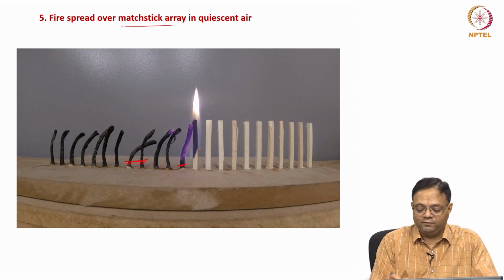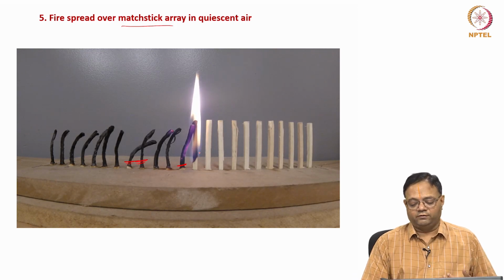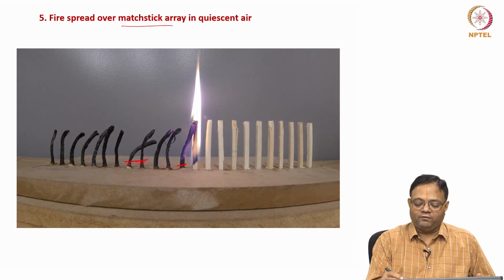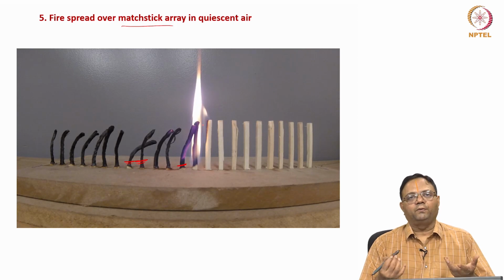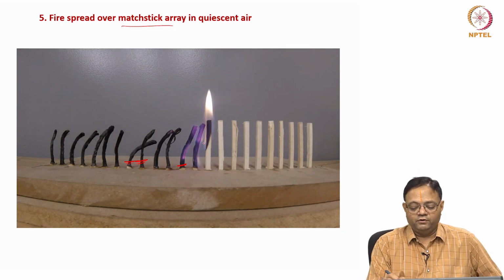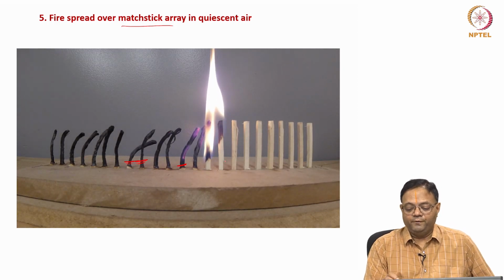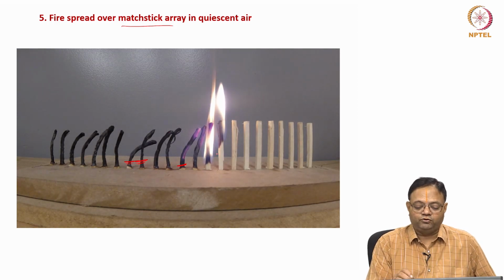Now you can see that one of the sticks, this is heterogeneous wood sticks. So the burning rate of the wood stick also retards because of some problem in the wood stick itself. So maybe the moisture content may be high and so on. So you can see that it ignites now faster, but after some time you will see that it is now spreading at a much slower rate.